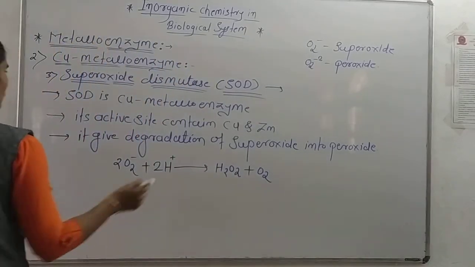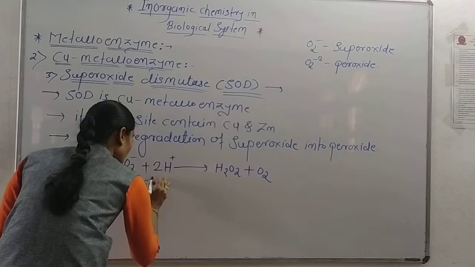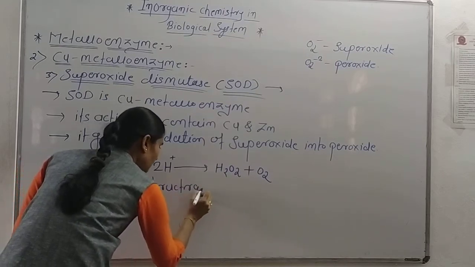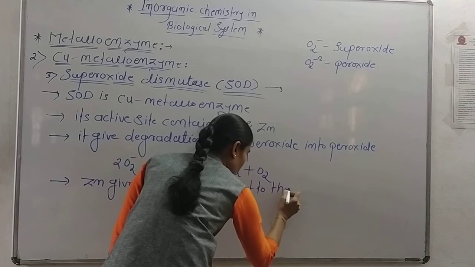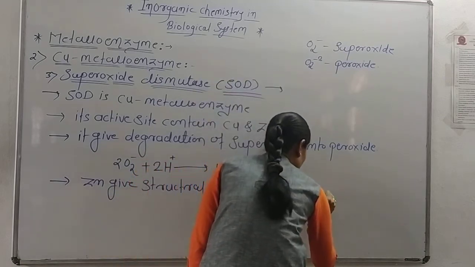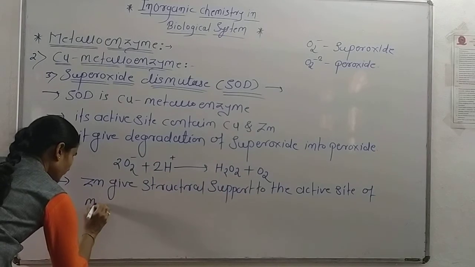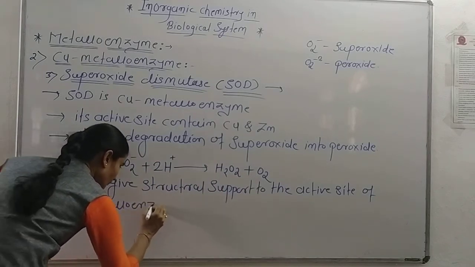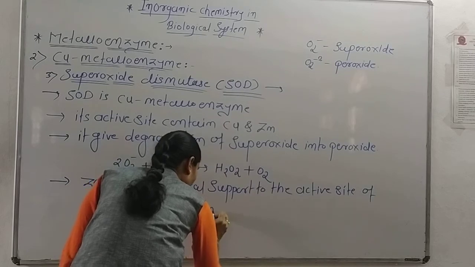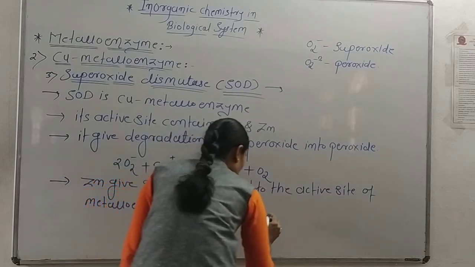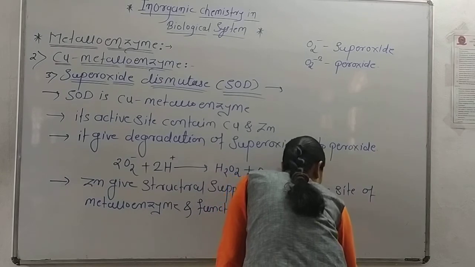So in SOD, superoxide dismutase, zinc gives structural support to the active site of the metalloenzyme and functional support is given by copper.